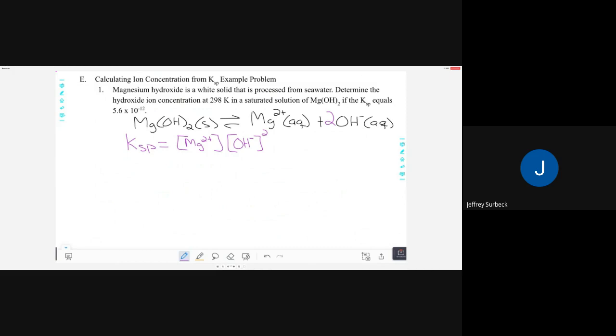Now, I gave you the Ksp, so you could find that in the chart if I did not give it to you, which is 5.6 times 10 to the negative 12. So in place here, I'm going to give you 5.6 times 10 to the negative 12. X, very good. And now here's something I'm going to have to teach you.